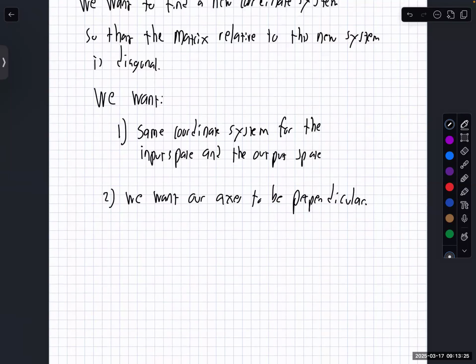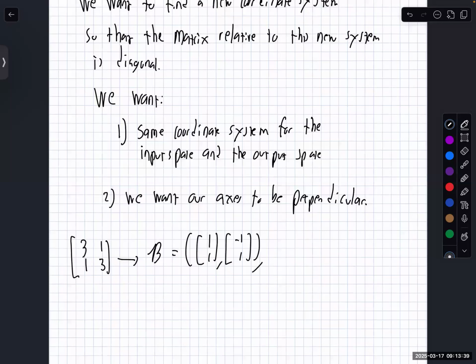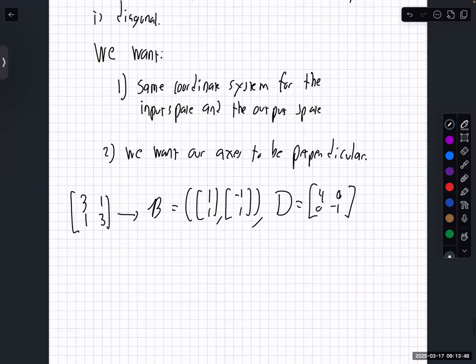Okay, so that first example we did, and D is the letter I'm going to use here.